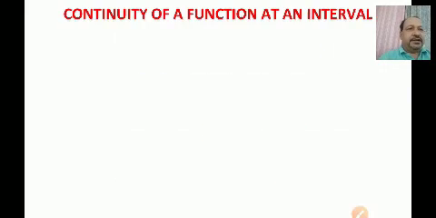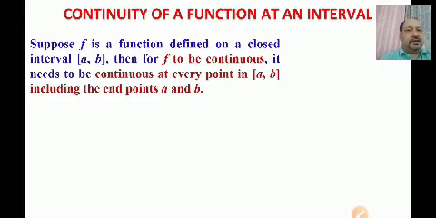Continuity of a function on an interval. Suppose f is a function defined on a closed interval a, b. Then for f to be continuous, it needs to be continuous at every point in a, b, including the endpoints a and b.